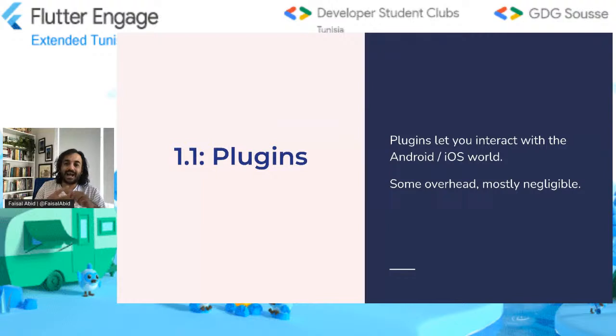However, sometimes you need access to Android or iOS SDKs. So the Flutter team built a way for you to take your Flutter app and be able to talk to the Android and iOS SDKs, right? And the Java, Kotlin, Objective-C, you're able to actually communicate with them.